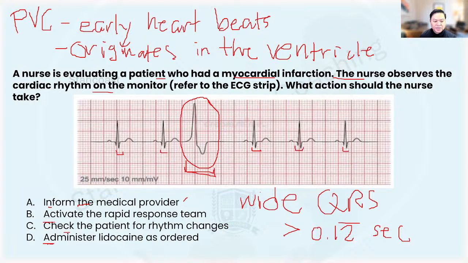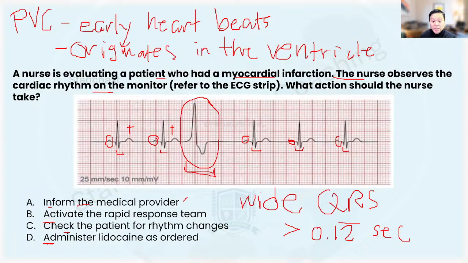There is widening of the QRS, and in the PVC, there is no preceding P wave. Because when you're looking into this EKG strip, that is the P, that is the P, this is the P here, another P wave. However, you don't see a P wave here because this is the T wave right here. That's the T. This is the T as well. So you don't see that P wave in this section where there is a widening.